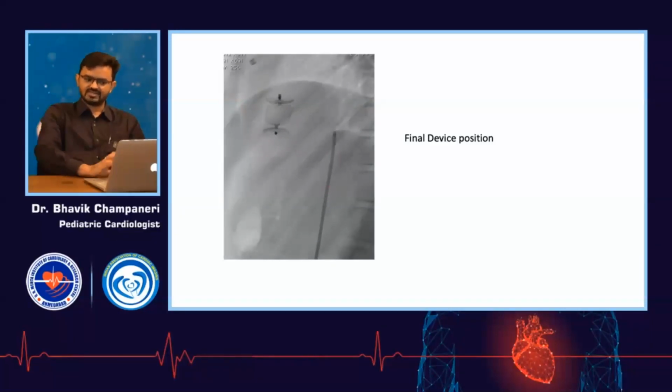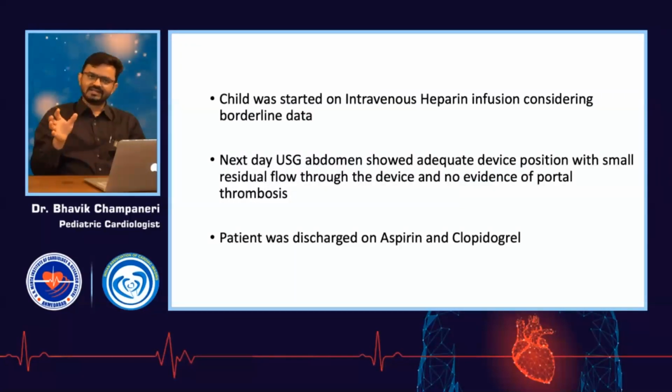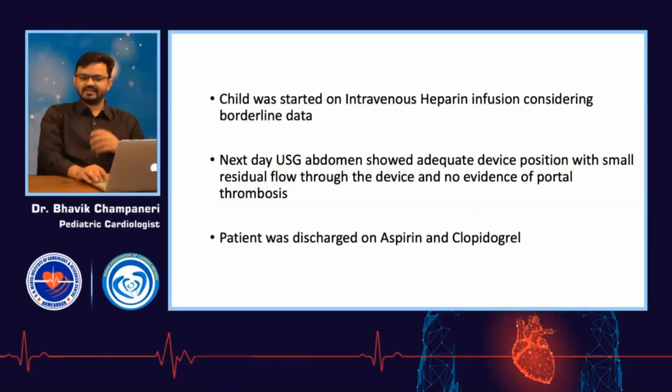So with this borderline data, portal venous pressure of 25 and sluggish flow in the portal vein after balloon occlusion, the patient was started on intravenous heparin as a prophylactic measure to avoid portal venous thrombosis. Next day, USG abdomen was done.